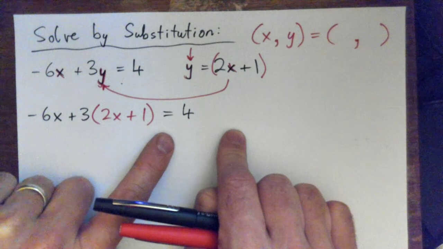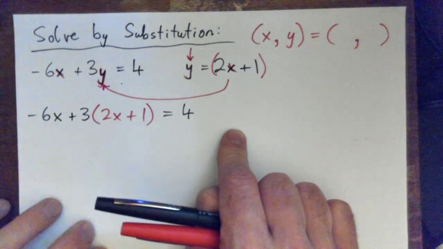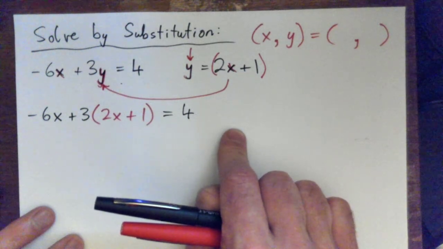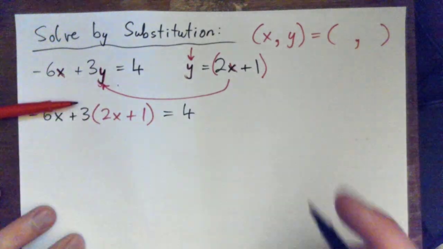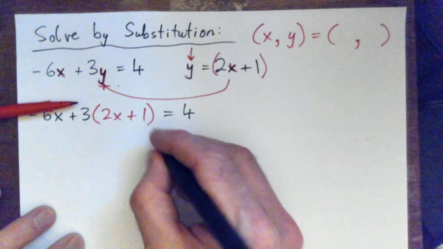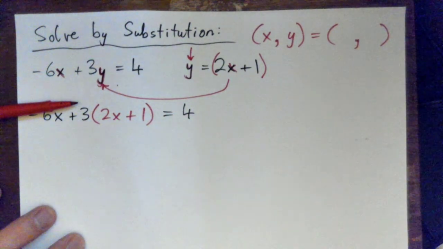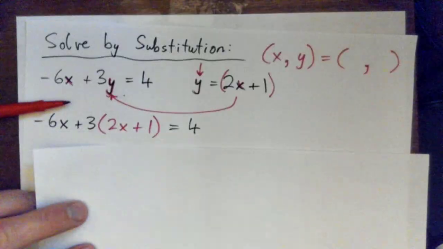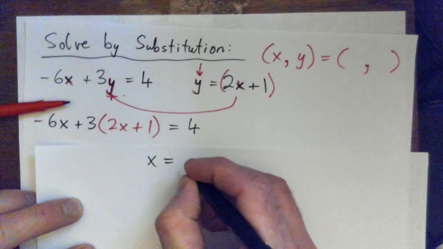If I have an equation with just x in it, I can solve for x. So I should be able to play with this and get x equals something at the end. That's my goal.